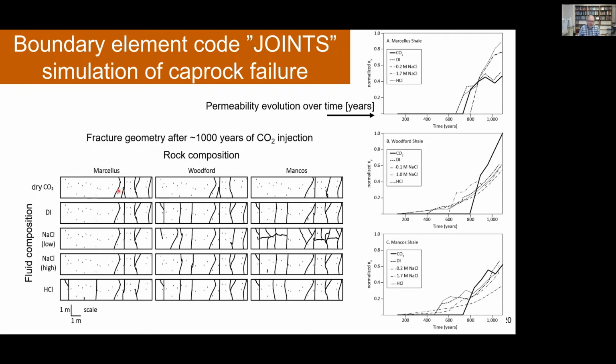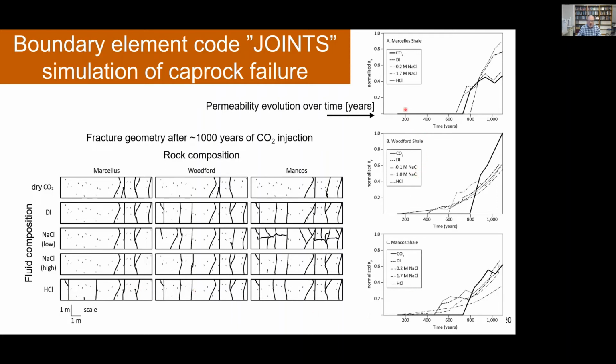So we're looking at relative differences. You see, for instance, that the dry CO2 has the least amount of fractures. The sodium chloride systems have a lot of fractures, and the HCl acidic brine tests have something intermediate, right? And the Marcellus, the carbonate one, maybe a little more than the other ones.